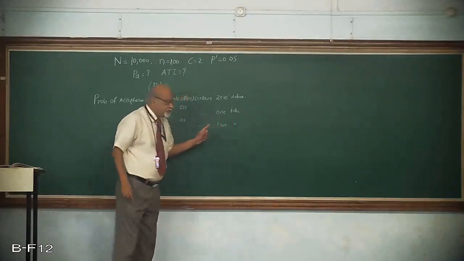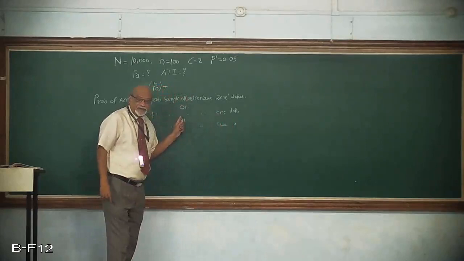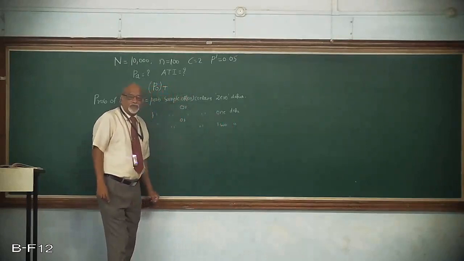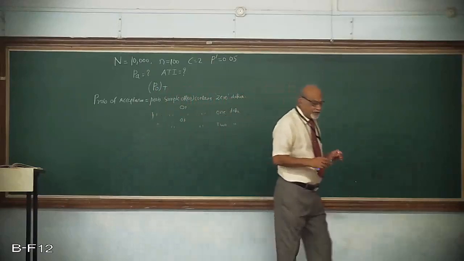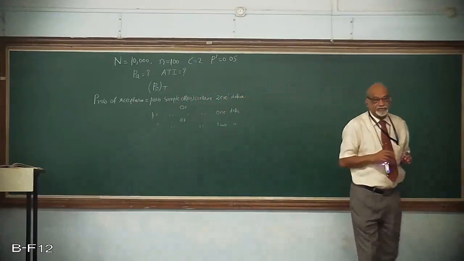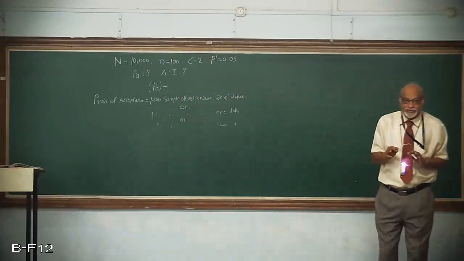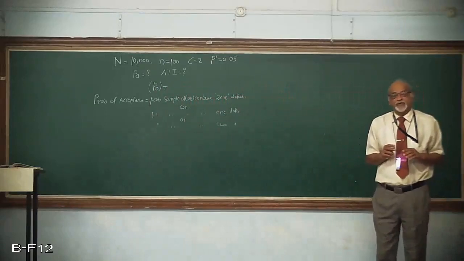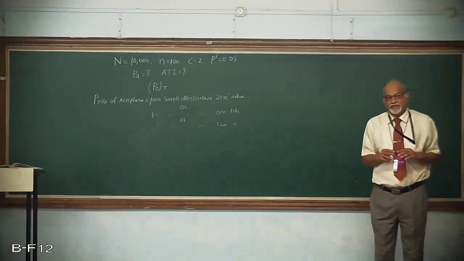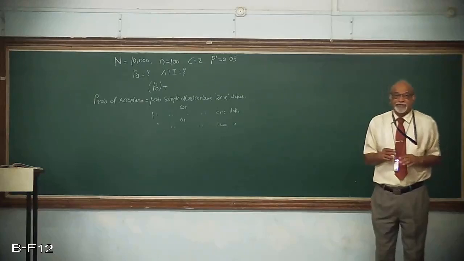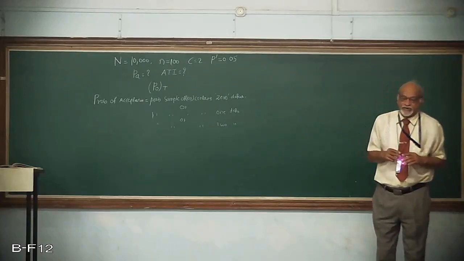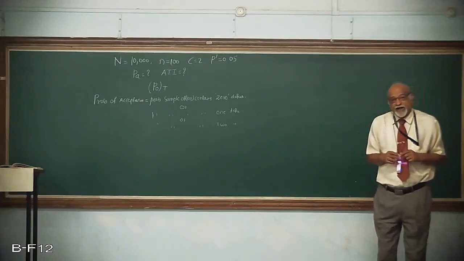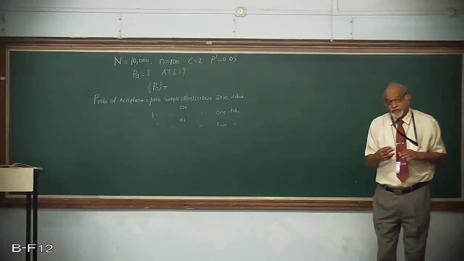Is it understood? The moment I say or, it is always the summation. If I say and, it is a multiplication. Try to understand. When you are going to calculate the probabilities, or always means summation. That is what we discussed in the first class itself. And if we use and, it is multiplication.